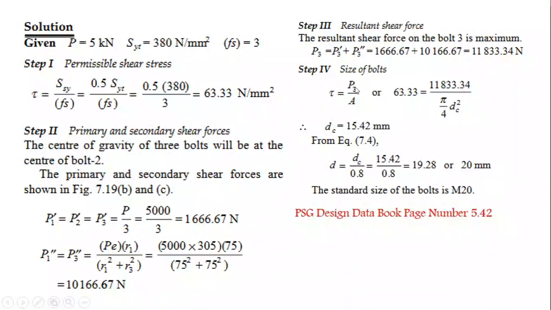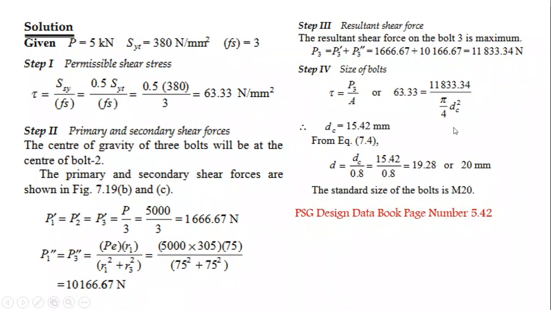Now we can find the size of the bolt in step 4. Shear stress equals load by area. Load at bolt 3 divided by area, where area is based on the core diameter. We already found the permissible shear stress and we know the resultant shear force of bolt 3. Area equals pi by 4 dc squared.